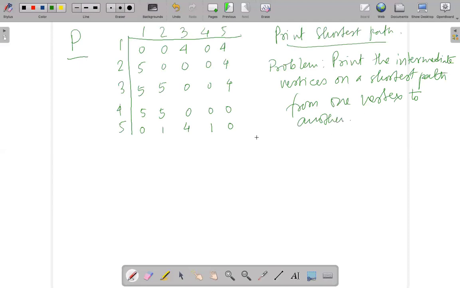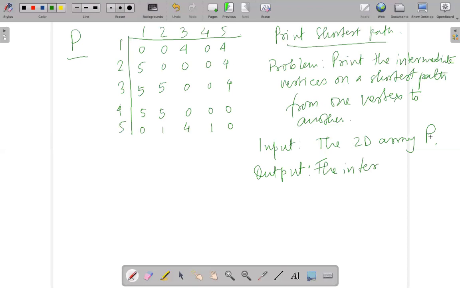This is your problem. The input in this case is the 2D array P. Output is the intermediate vertices, of course.